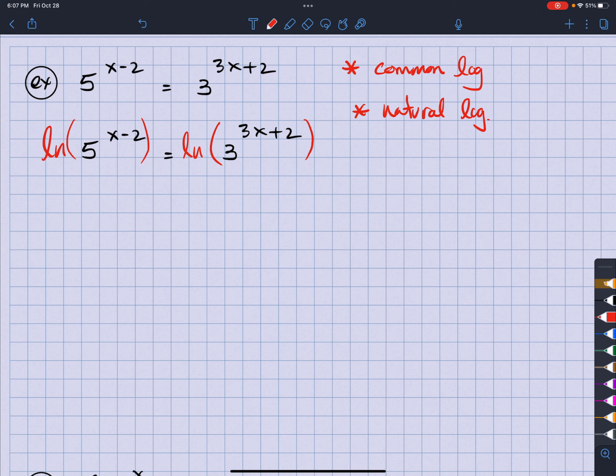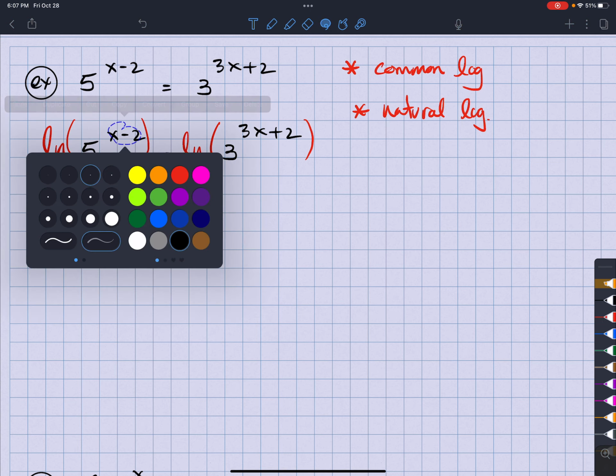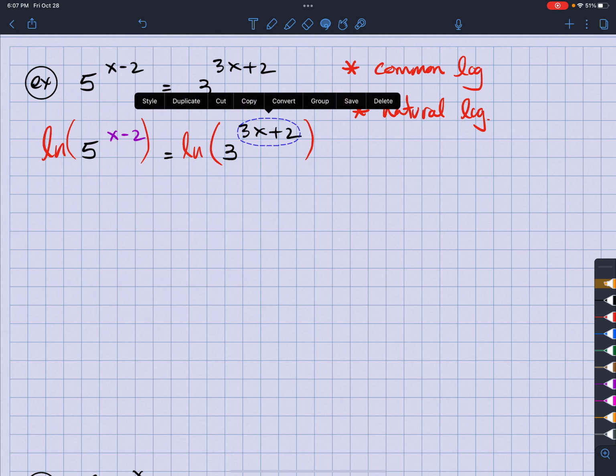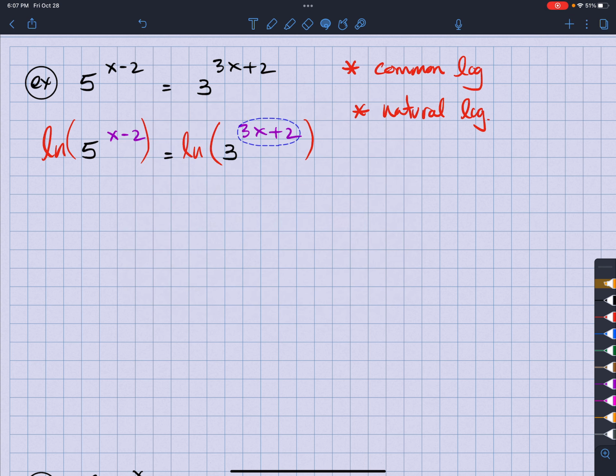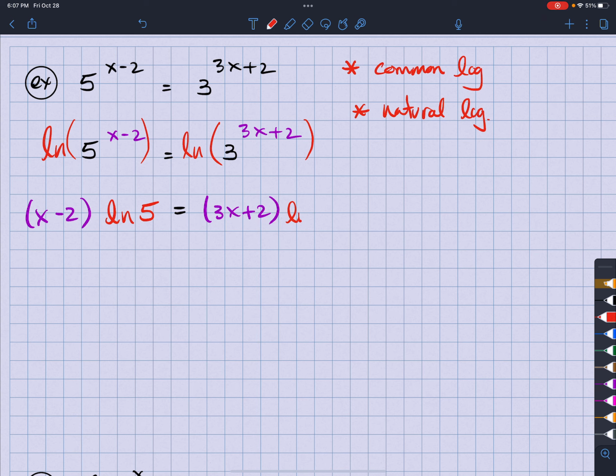When I take the natural log, I have a power rule, meaning that this power right here and this power right here becomes a coefficient. So I'm going to have an x minus 2 times this ln of 5, and that's going to equal this 3x plus 2 times the ln of 3.